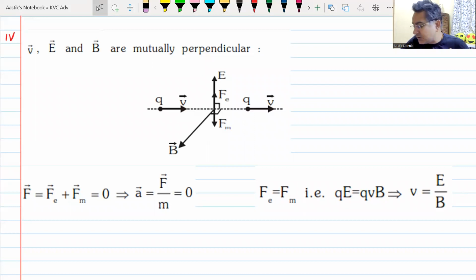Then there is the third case where all the three vectors are perpendicular to each other. Now this is a very difficult case to analyze.